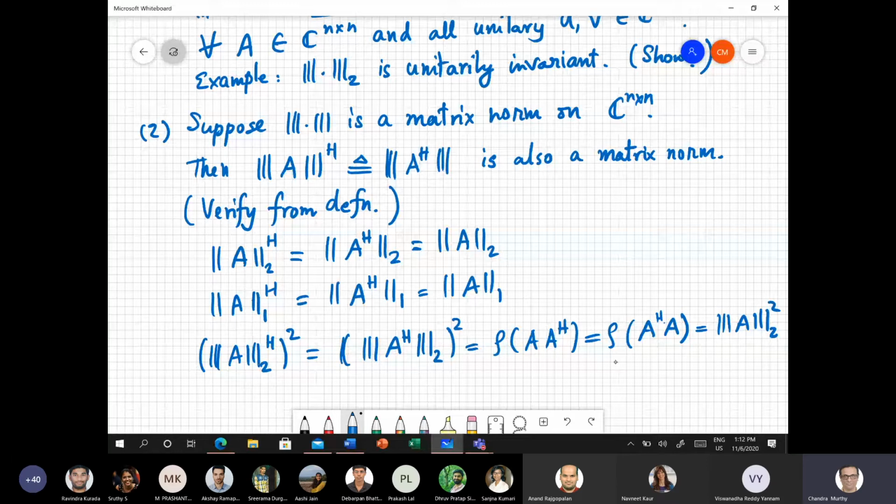And the second thing is that the spectral radius has a nice relationship with the spectral norm, in that the spectral norm squared, norm A2 squared, is exactly equal to the spectral radius of A Hermitian A. That's a relation between the spectral radius and the spectral norm. Okay, so this is homework.